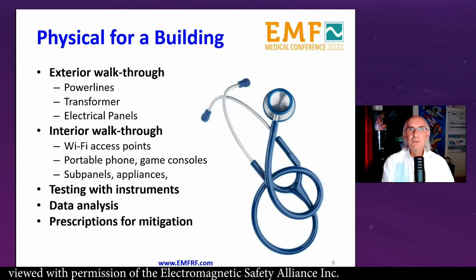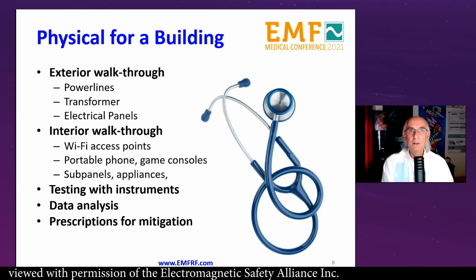Okay, so let's do a physical for your building. What do we do? We do an intake first, right? So we do a walkthrough around the building and look for obvious sources, such as power lines, substations, transformers, and so on. And then we focus on the inside of the building. What are the obvious sources? Maybe you can see the cordless phone and other things you may not detect very easily with the naked eye.